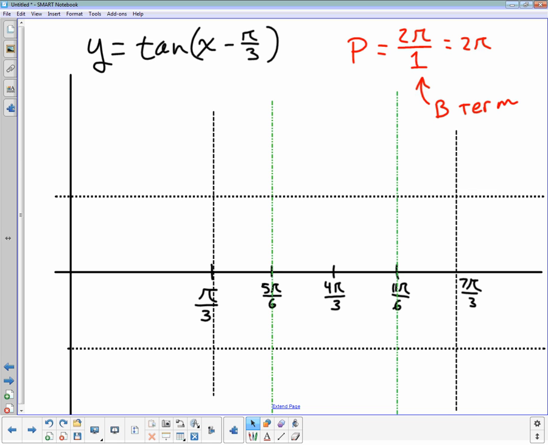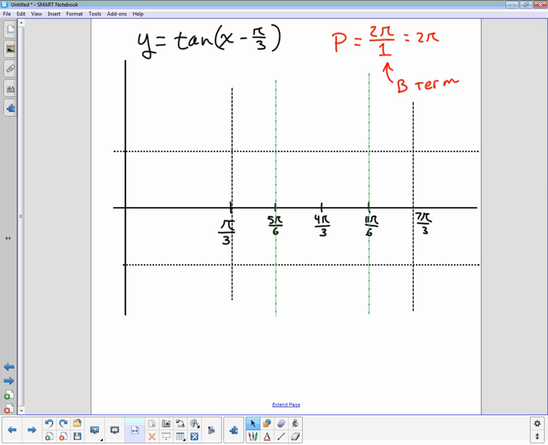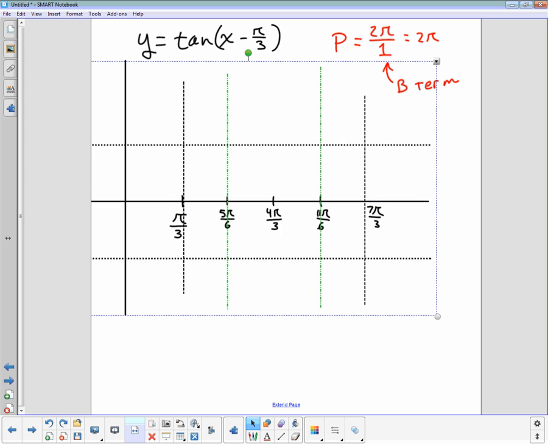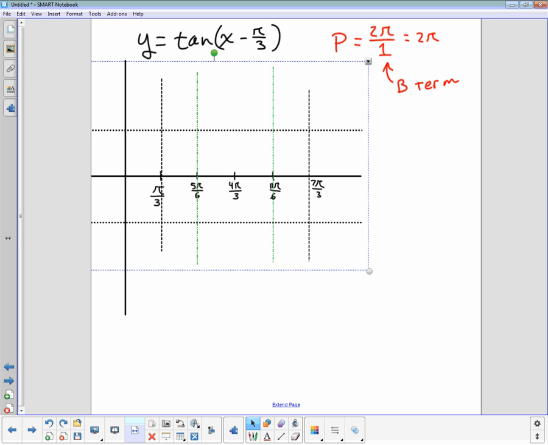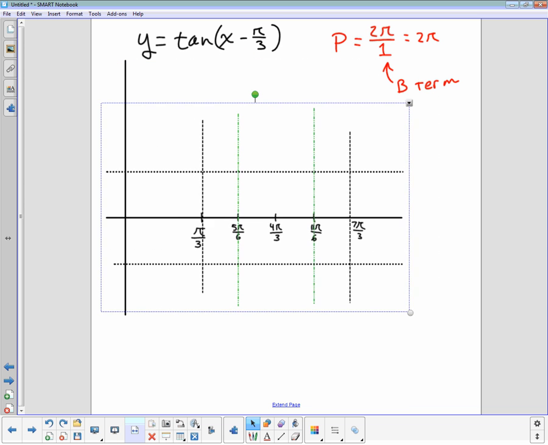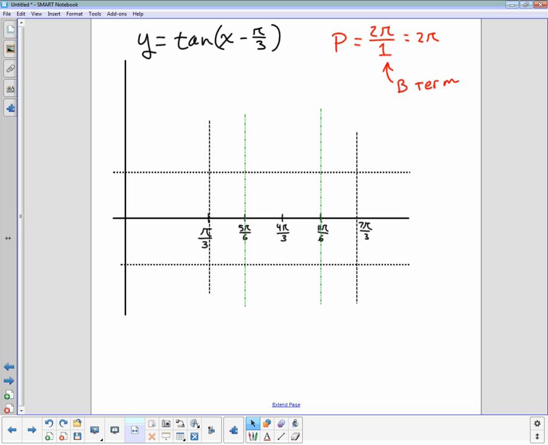All right. Now, if it's okay, I'm going to try and zoom out a little bit here. Okay. We're good. We have our box. We have our asymptotes. Now all we got to do is graph it.